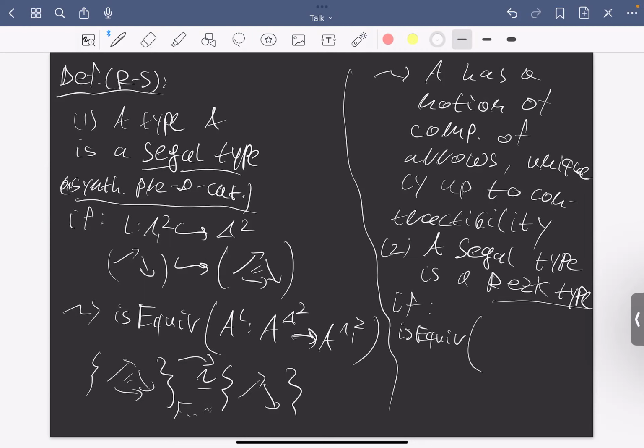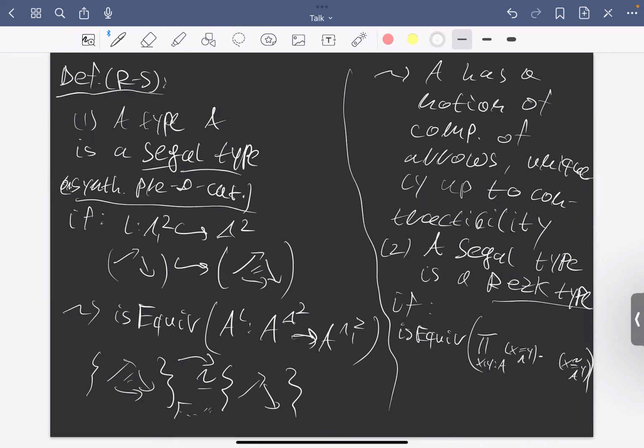Remember, in homotopy type theory, we have these path types. So for all x, y in A, we have the type of paths in A that go from x to y. But we can also define a type of isomorphisms with respect to these directed Hom types. That type I'm going to denote x ≅ y.